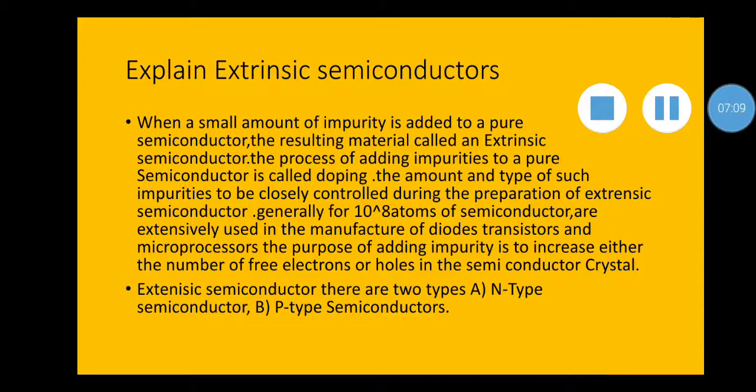The process of adding impurities to a pure semiconductor is called doping. The amount and the type of such impurities are to be closely controlled during the preparation of extrinsic semiconductor.